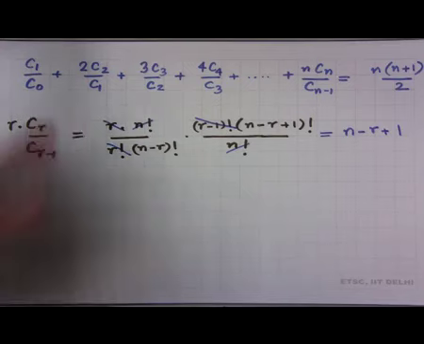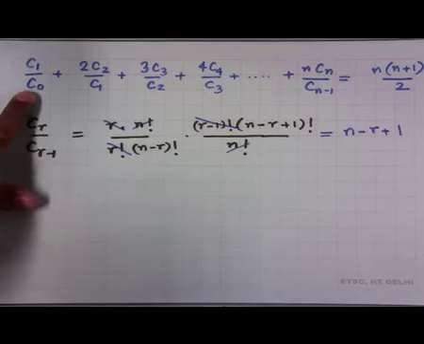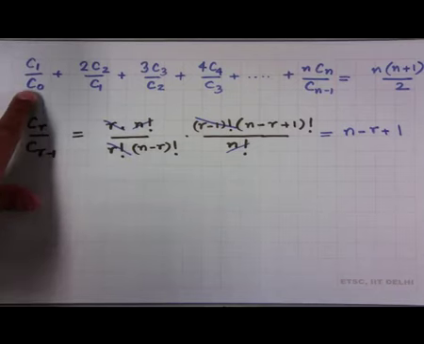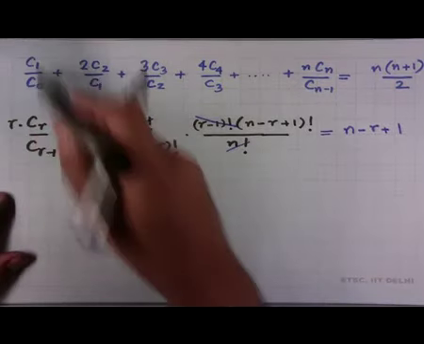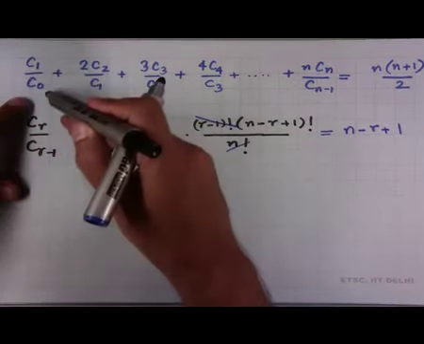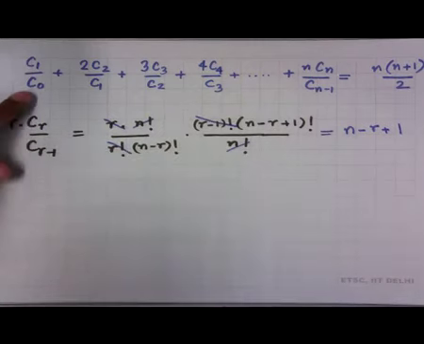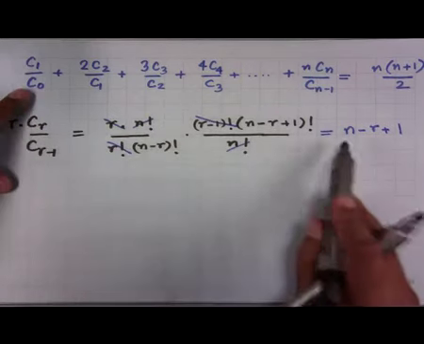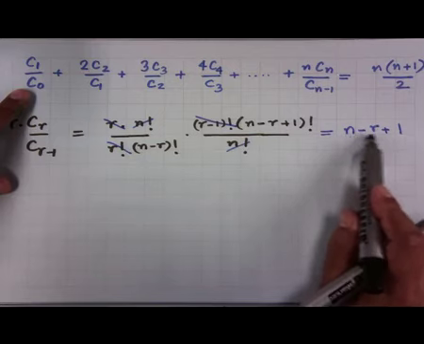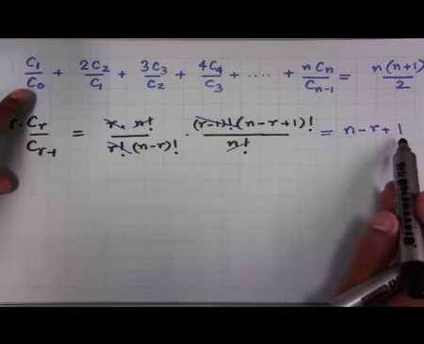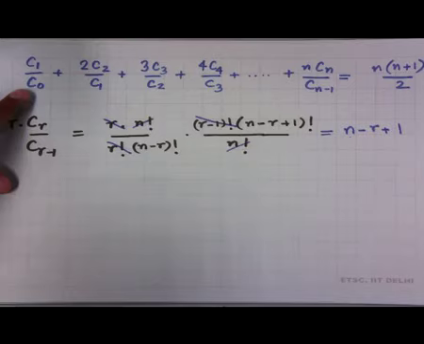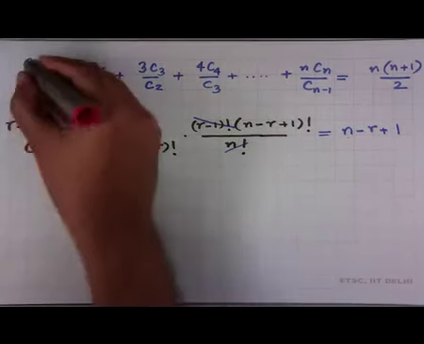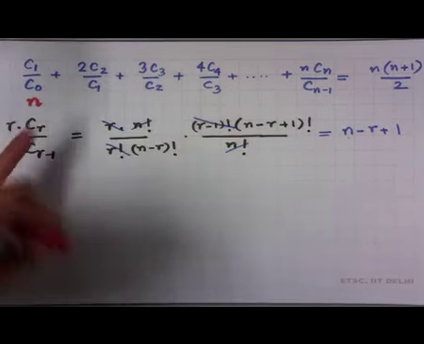So which term is this? This is the 1st term, 1 times C1 by C0. So the 1st term is going to be n minus 1 plus 1, which is n. So this term is evaluating to n.